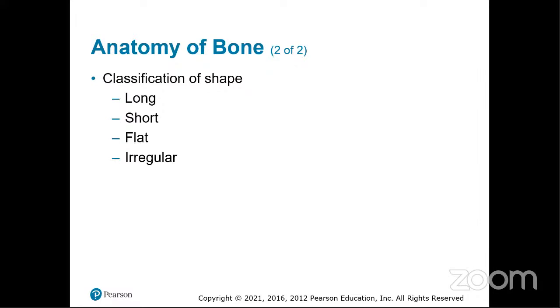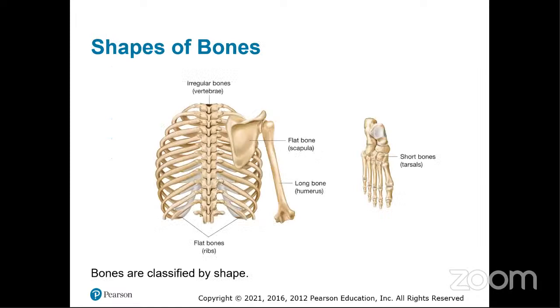Okay. And then your flat bones, what would you consider a flat bone? Scapula, shoulder blade's a big one, and then ribs are your other one. So you guys hit all of those, and then your irregular bones are your vertebrae. They're not really a shape, flat, long, or whatever. They're just a unique shape in itself.